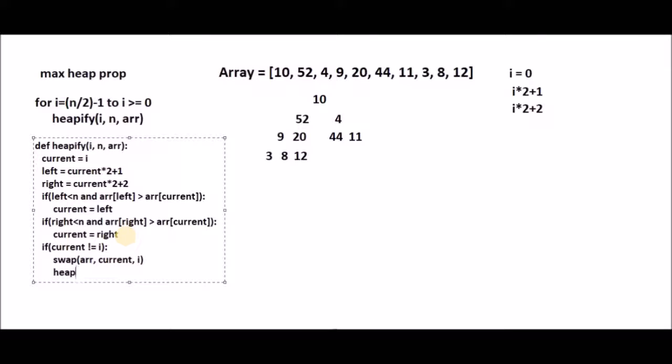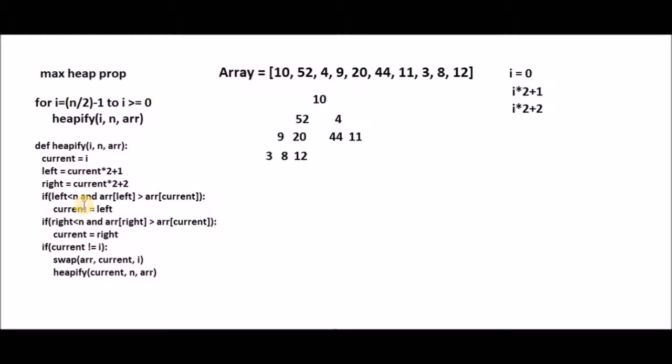And then I again heapify it, I again call the function recursively, and I pass in the new current, n is going to remain the same, and array is going to remain as it is.